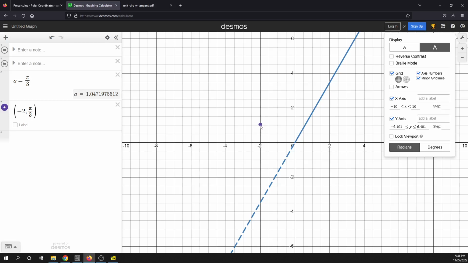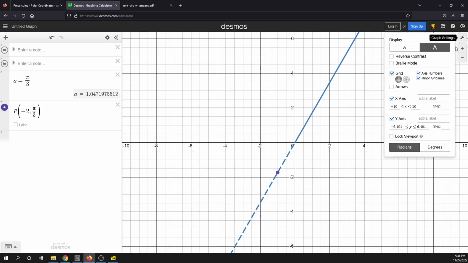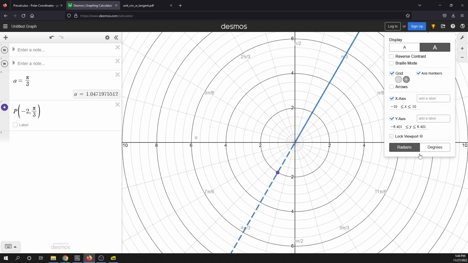It actually shows it to exact value there, so you have to be a little careful. I have this set up so that if I put the capital letter P before the point, it plots it in the polar coordinate system. So that's where that one is at.